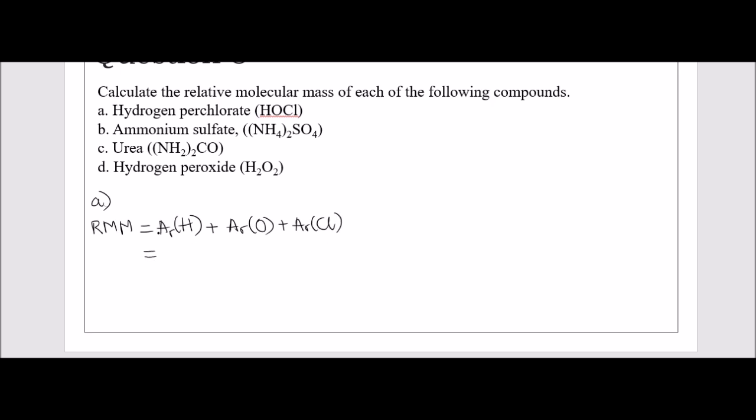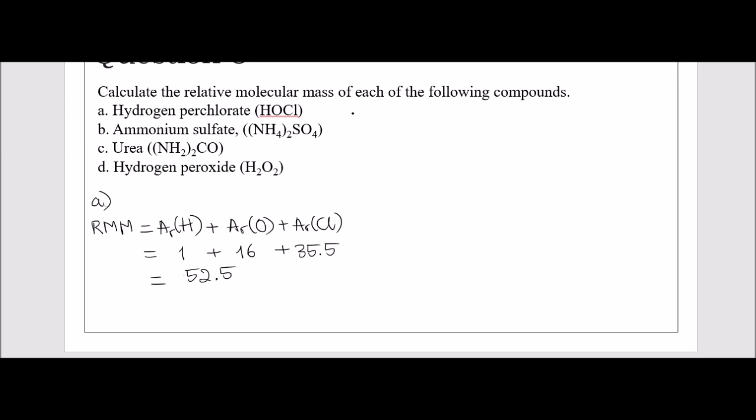Check these values on your periodic table. You should get 1 plus 16 plus 35.5, which, let's just assume I can't do maths and use the calculator, you get 52.5 as the answer. So that's part A.